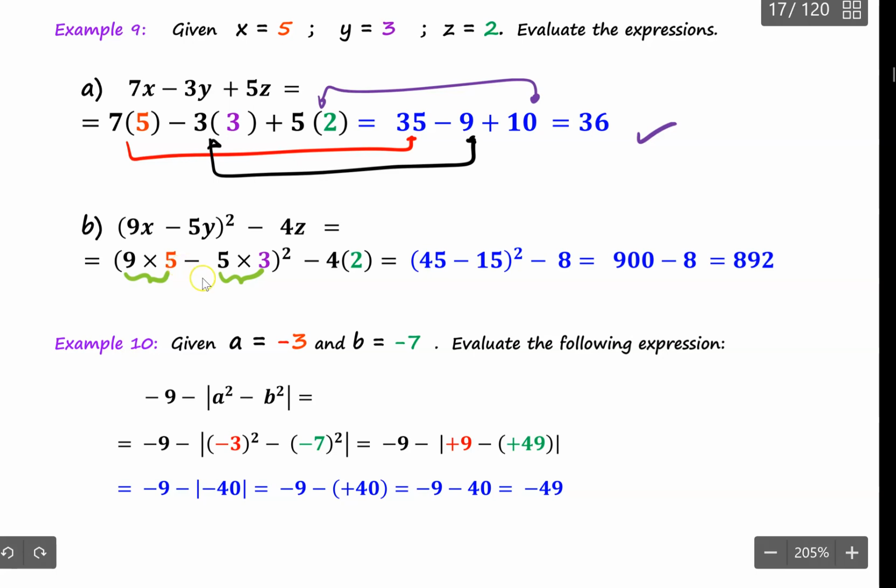So 9 times 5 will give me 45. 5 times 3 will give me 15.